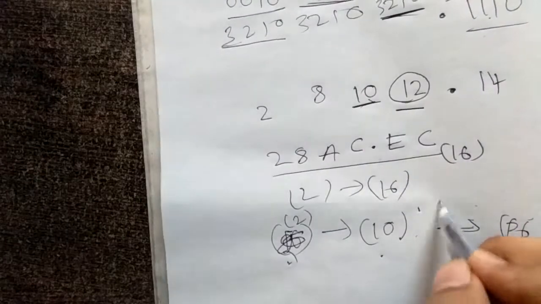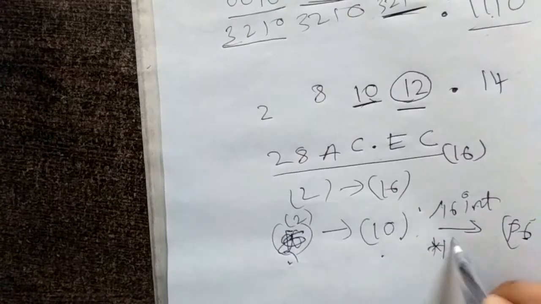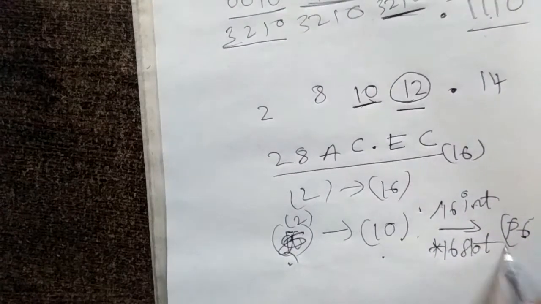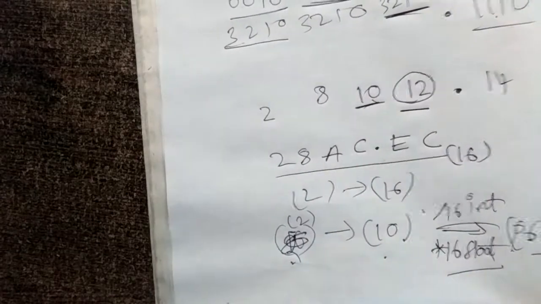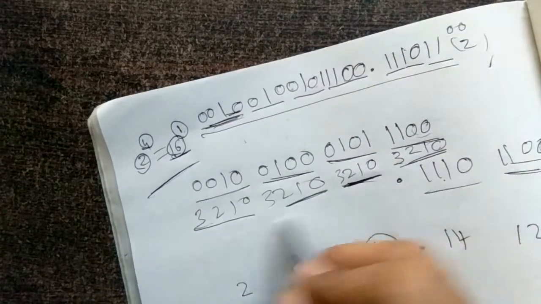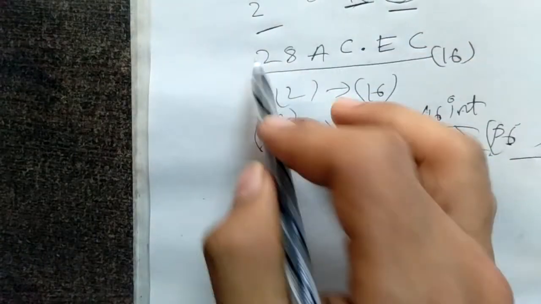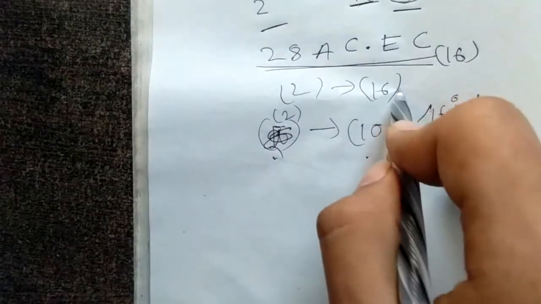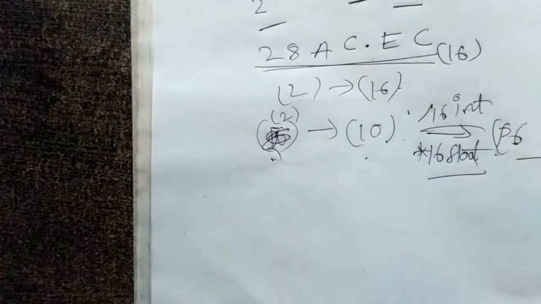For hexadecimal, again divide by 16 if it is the integral part, and multiply by 16 if it is the fractional part. This is the long method, but initially we grouped 4 bits and converted them into their equivalent. This is the shortcut for converting binary numbers into hexadecimal.